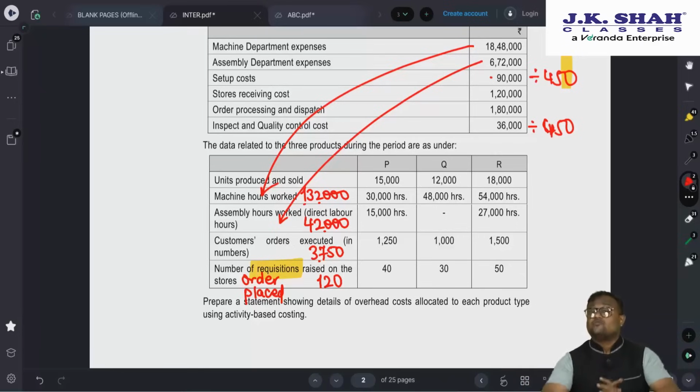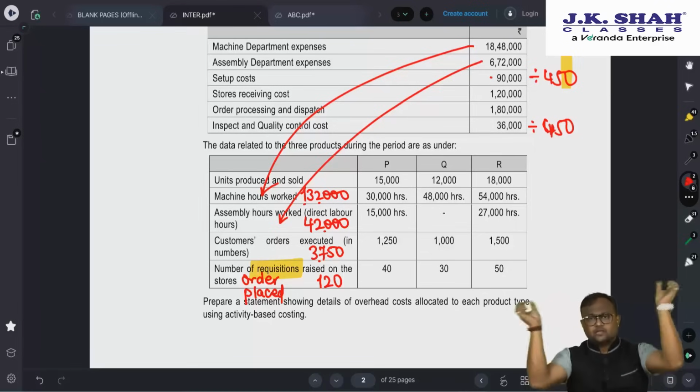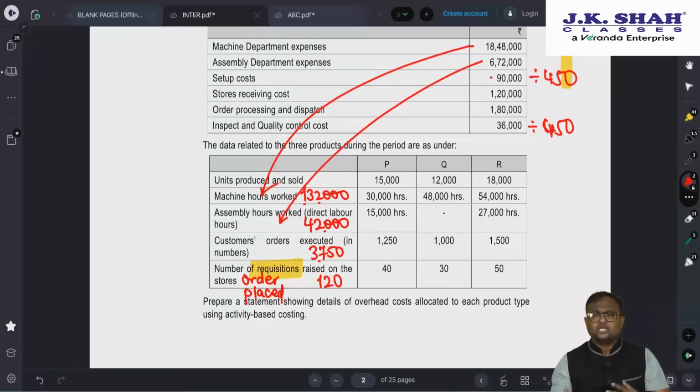For inspection also, if nothing is mentioned, it can be assumed that after every batch you produce, an inspection process will be carried out. If one batch is 100 units, any random 10 units will be picked up and inspected. If the team is satisfied, it will be dispatched, otherwise it will be sent back to the factory for rework.